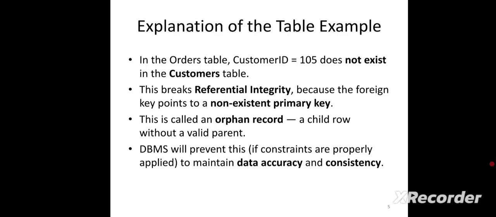If constraints are set up properly, the DBMS will not allow you to insert or keep such a record. This ensures that the database remains trustworthy, accurate, and doesn't allow broken relationships. That's why foreign key constraints are considered guardians of data integrity in relational systems.